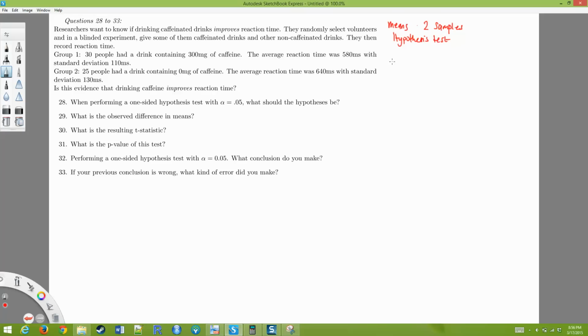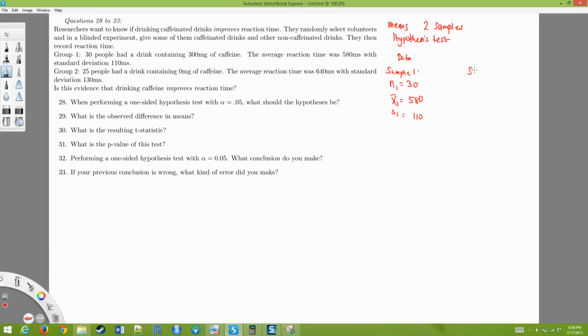Okay, so let's list off the data that we have. We have sample 1, which is that with the caffeine. So what is our size of sample 1? Our N1 is 30, and our X bar is 580, and our S is 110.